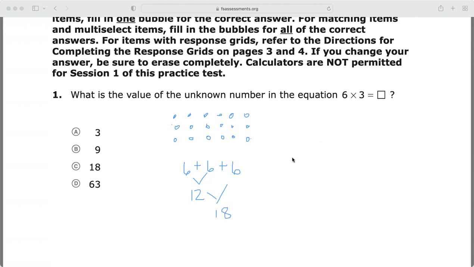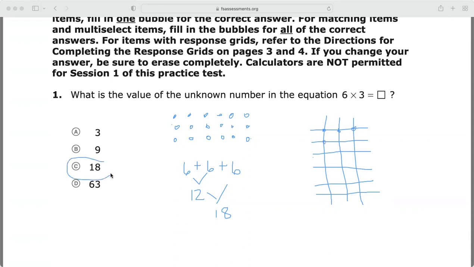And then there's another method where you could draw 6 lines, 1, 2, 3, 4, 5, 6, and then draw 3 lines through it, similar to the dot method. And then everywhere there's an intersection, just count those up. And if you counted all of those up, then it would be 18. So a few different ways you can approach this if you don't have your times tables memorized.